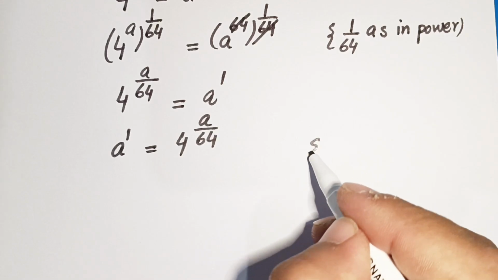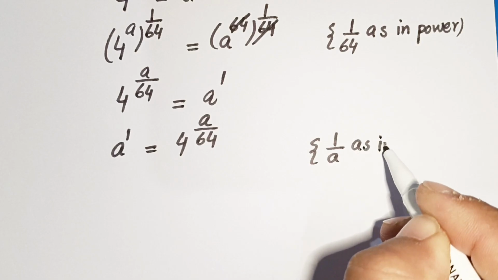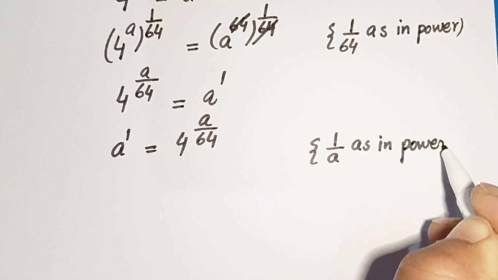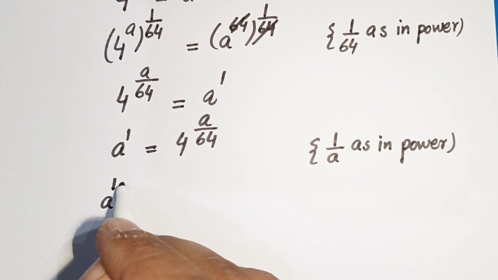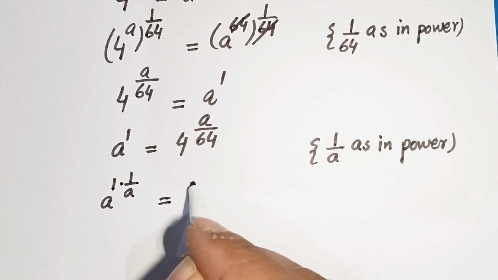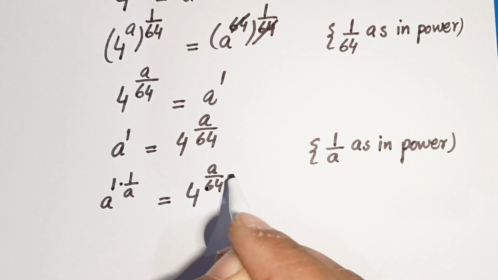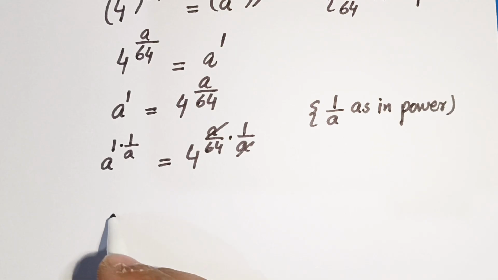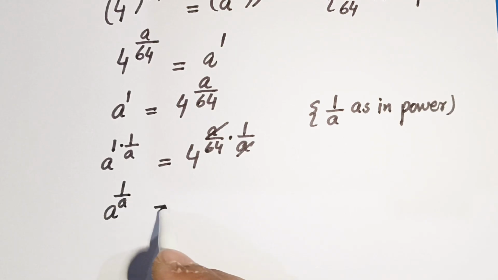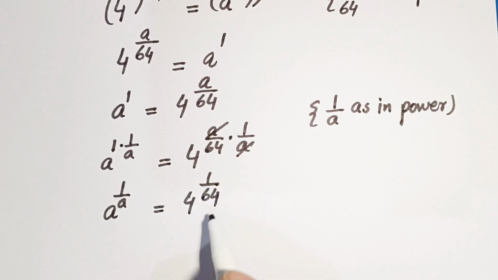Now if we multiply 1 over a on both hand sides as power, we get a to the power 1 times 1 over a, and 4 to the power a over 64 multiplied by 1 over a. So now cancelling this a with a, we have a to the power 1 over a is equal to 4 to the power 1 over 64.